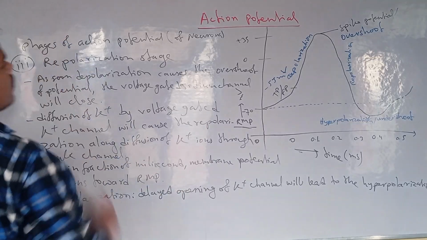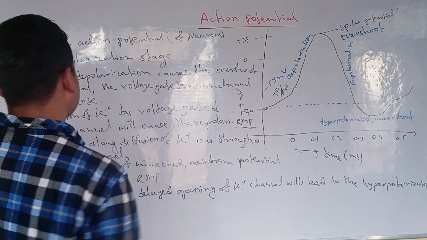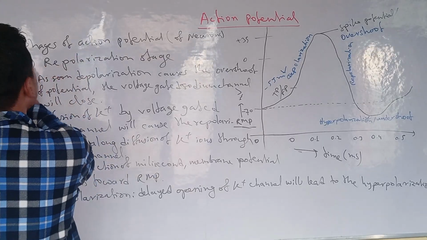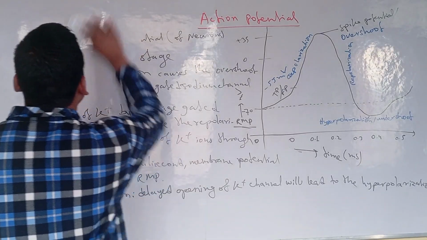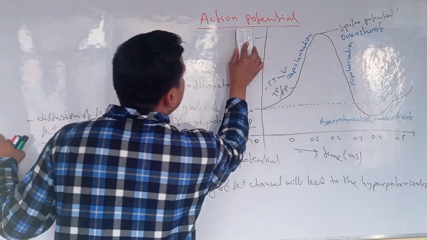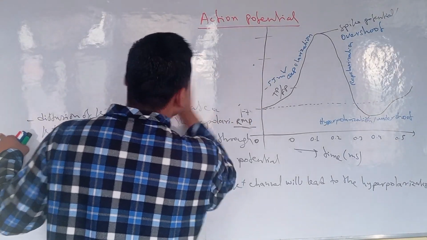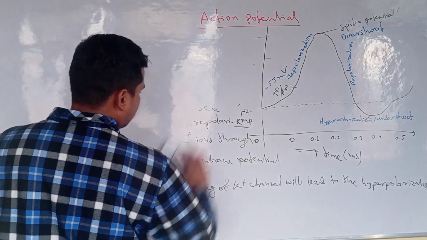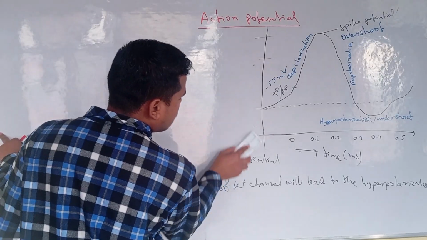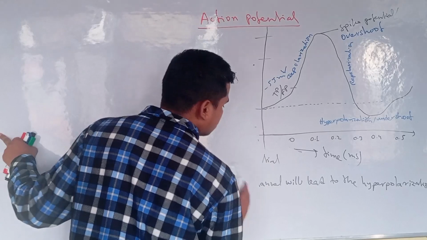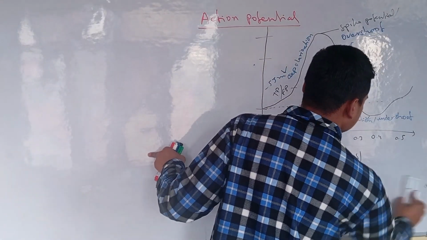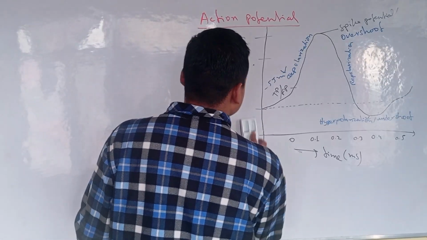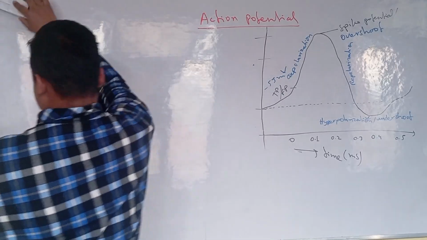Now this ends the stages or phases of the action potential. We now will move on to the ionic basis. Sometimes phases and ionic basis are also asked in your SAQs.